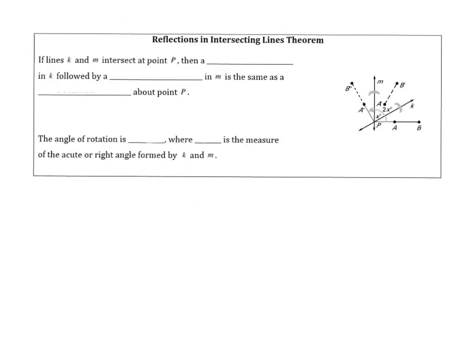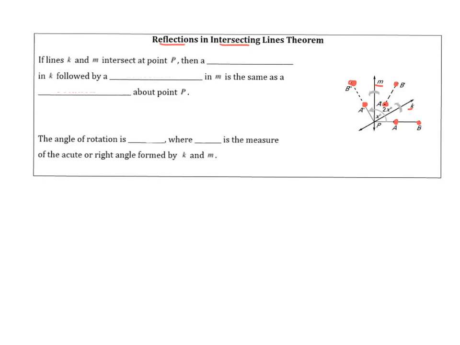So the final part from this section talks about reflecting over intersecting lines instead of parallel lines. So for example, if I start with segment AB, I reflect it over line K, I get A prime B prime. I reflect that over line M, gives me A double prime B double prime.